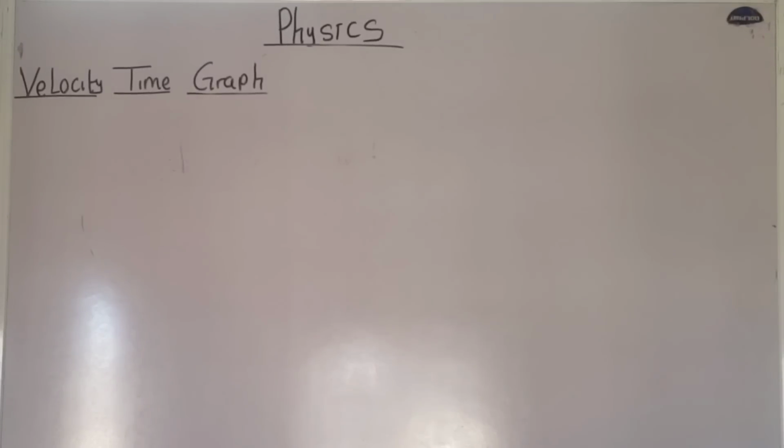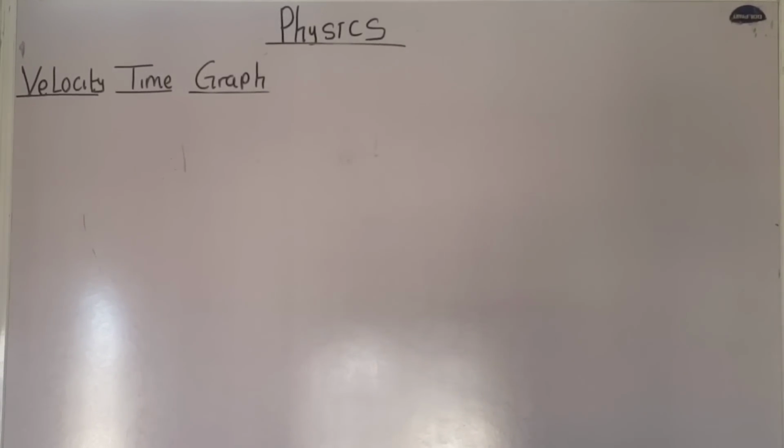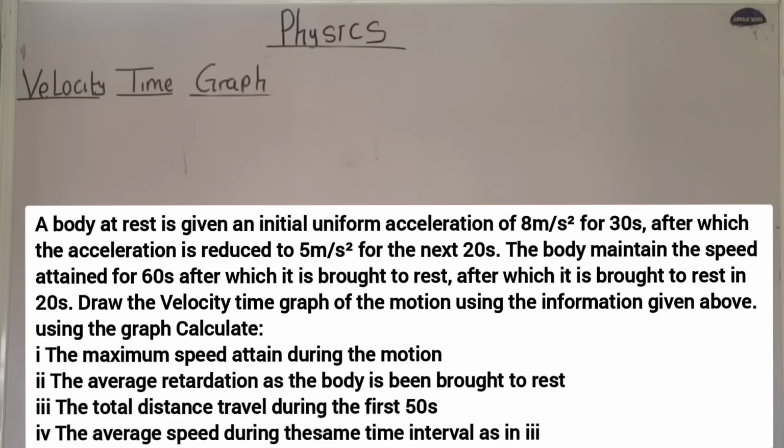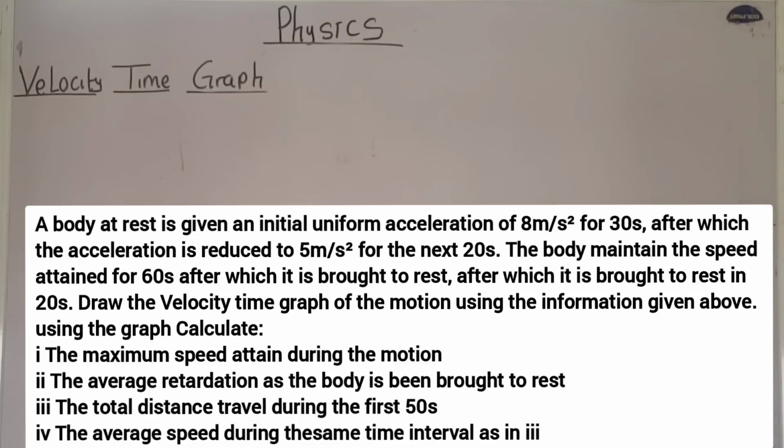In today's class, we are going to be considering a question on this physics concept, velocity time graph. A body at rest is given an initial uniform acceleration of 8 meters per second squared for 30 seconds, after which the acceleration is reduced to 5 meters per second squared for the next 20 seconds.